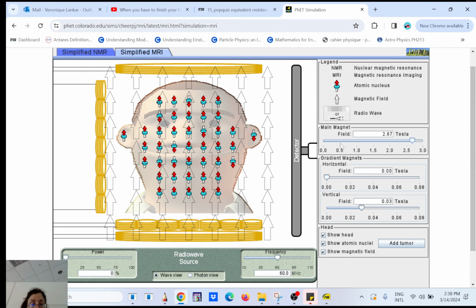Okay, so let's put a tumor, God forbid, of course, here. A tumor means you're going to have a lot of hydrogen atoms, and we're going to excite them with a radio wave, so a lot of power, and we're going to change the frequency.